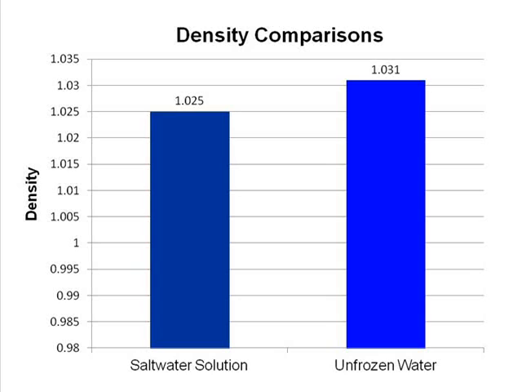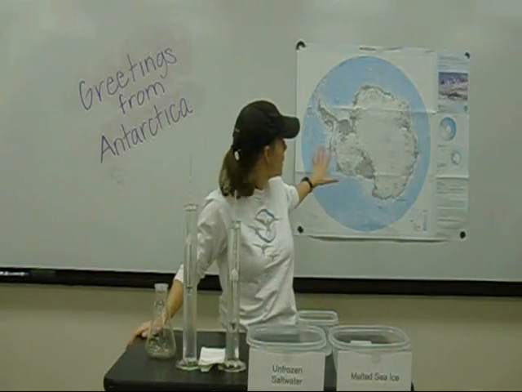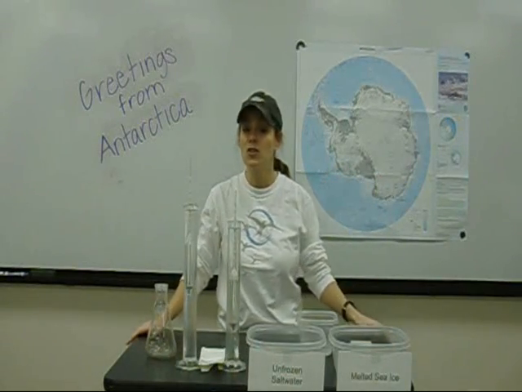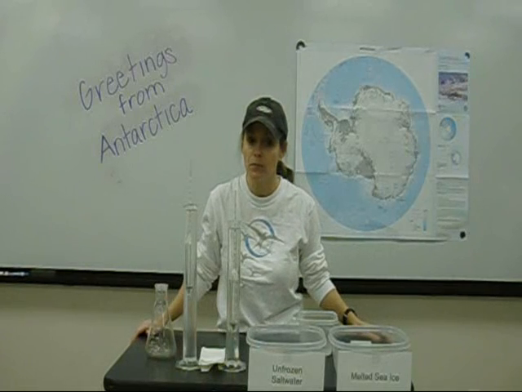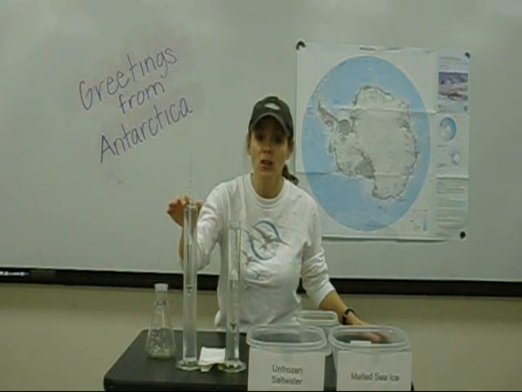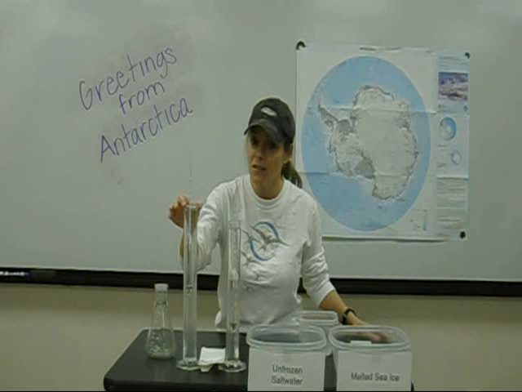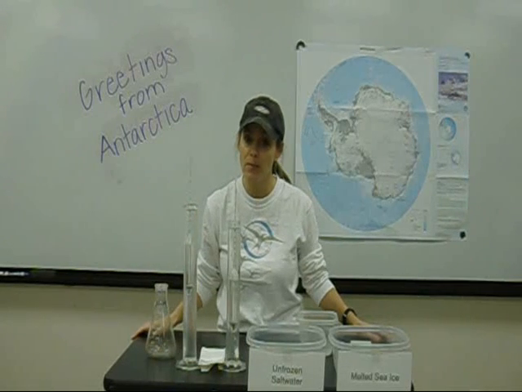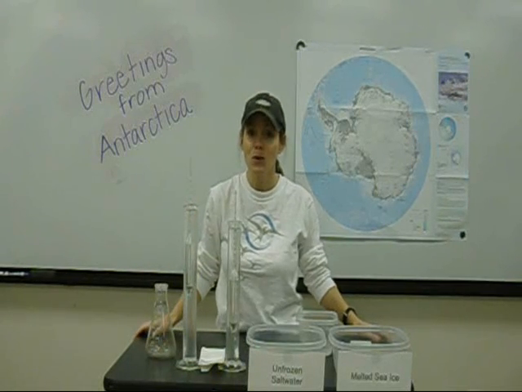Remember, the salt from the sea ice was rejected or pushed out into the unfrozen water, making it even saltier and more dense. That's why the Southern Ocean has some of the saltiest waters in the world. And remember, saltier water is more dense and will sink to greater depths. Thanks for joining us.